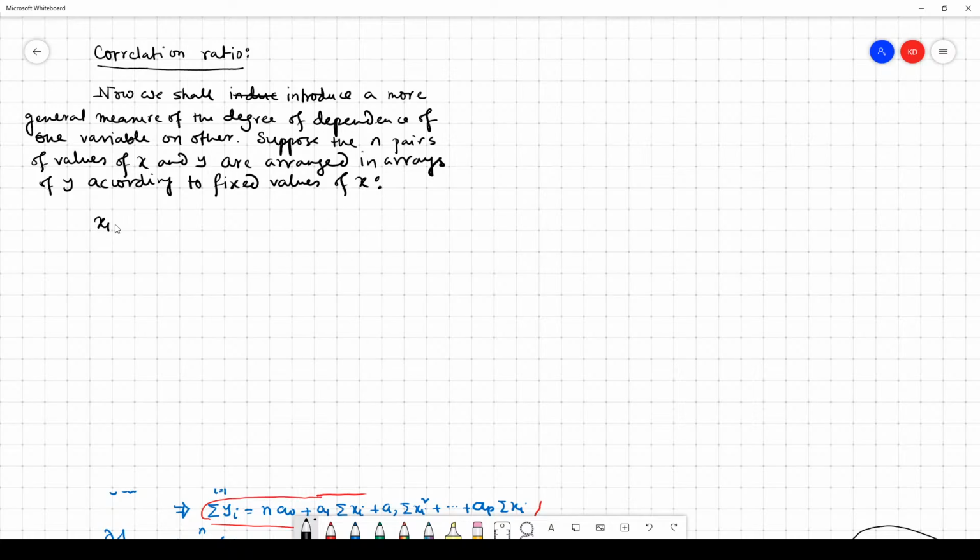That means for x1 there are n1 y values, for x2 there are n2 y values, for xk there are nk y values.